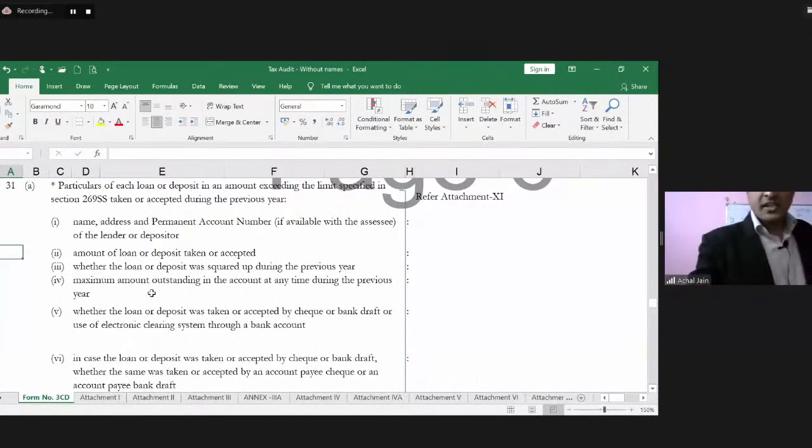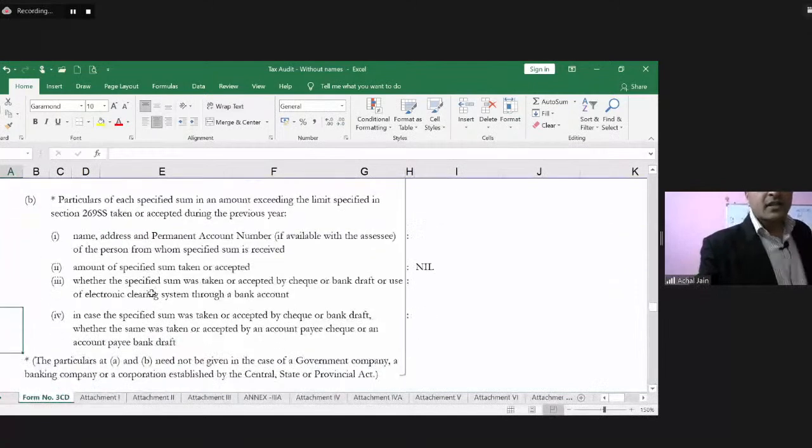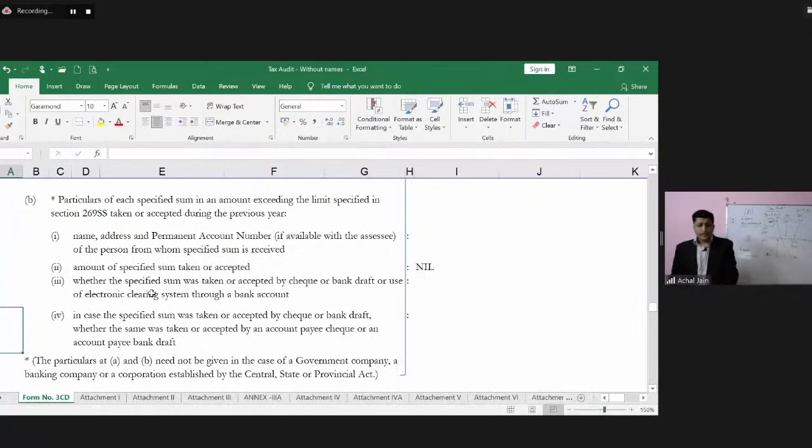Let's see what will get covered under 31B. 31B says particulars of each specified sum. It doesn't say loan or deposit, meaning any amount other than loan or deposit, because loan or deposit will go under A. Anything other than loan or deposit will come over here, which is exceeding the limit as per 269SS taken or accepted during the year.